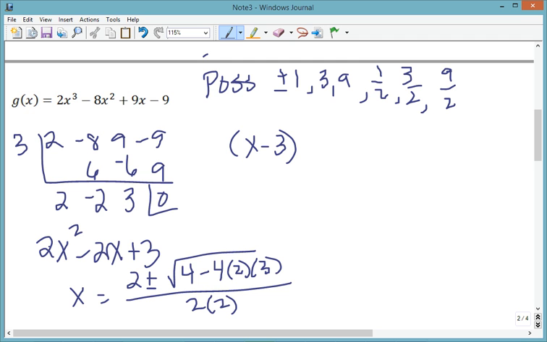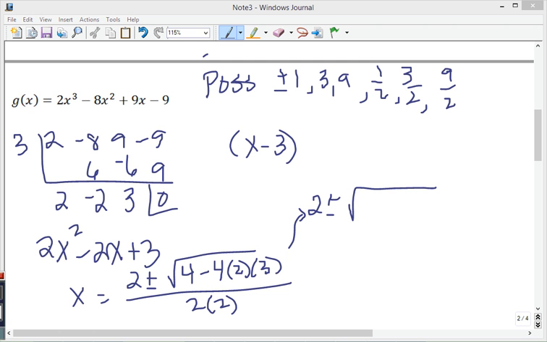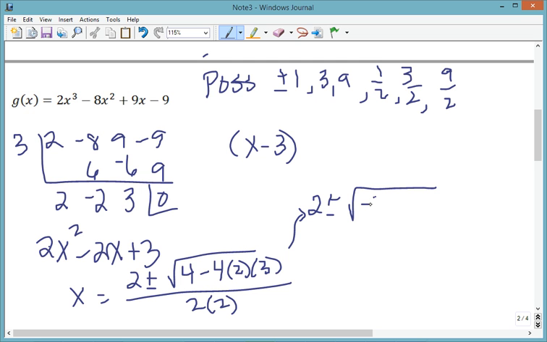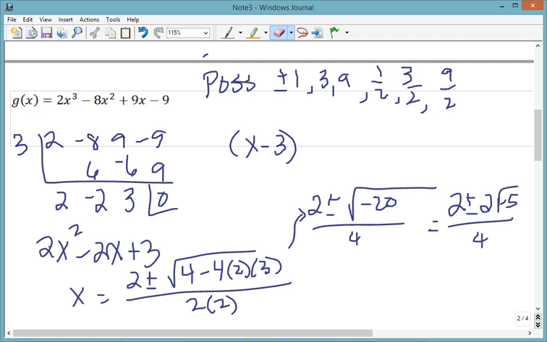That would be plus or minus, we got 4 minus 24, so that's -20, and that would be, pull the 4 out, minus 2 square root of -5, which would be an i.